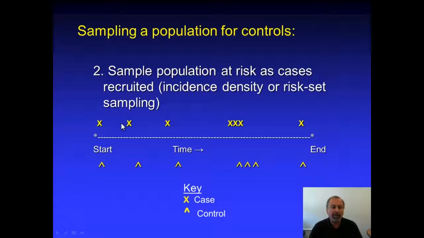The cases come along at a certain rate, and we select our controls at approximately the same rate, so we're selecting our controls out of the same person-time experience. Practically, the way we do this is by matching each control to the corresponding case in terms of our matching factors. It's a common way to go about it.